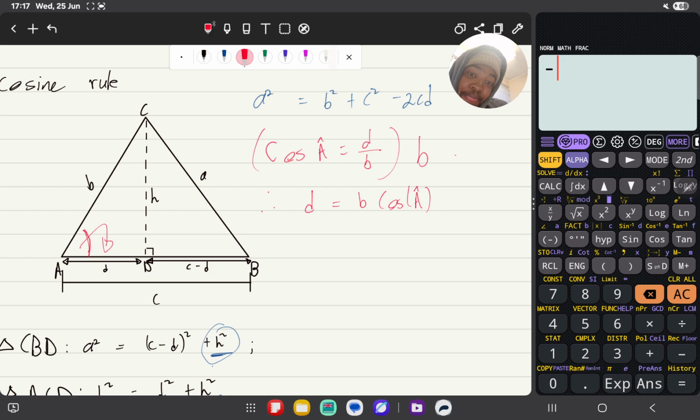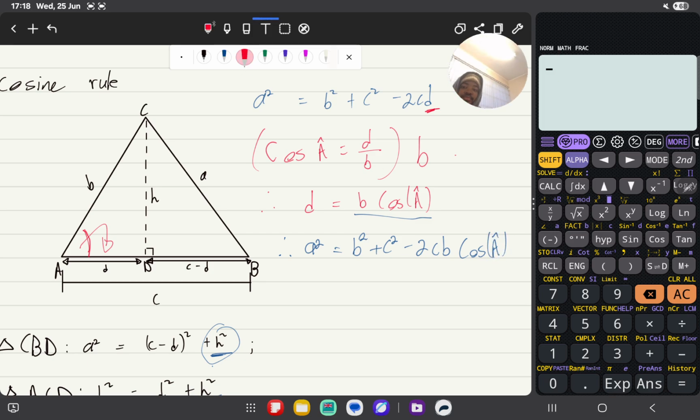And I am done. Now this is the conclusion of what the cosine rule says, because I'm going to take this and substitute it here where I'm seeing D. So I can just say, therefore, a squared equals b squared plus c squared minus 2cd, but for d, I'm going to write b cos A, right?